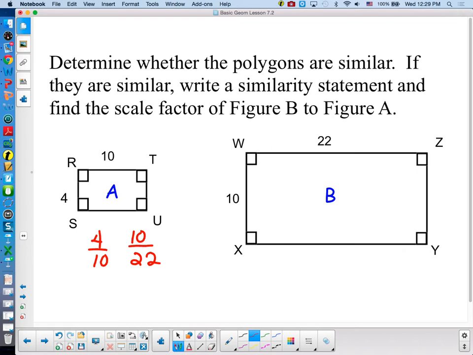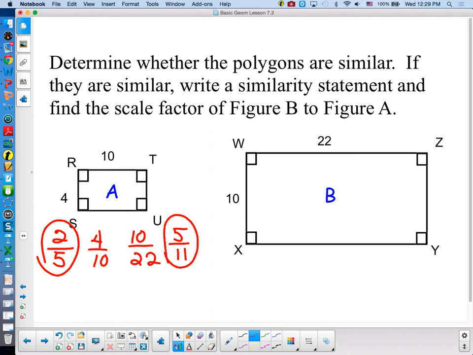Reduce 4 to 10. What can you divide by? Divide by 2. Dividing 4 by 2, dividing 10 by 2, that reduces to 2/5. Okay, how about 10 and 22? Can you reduce that? Divide by 2 again. 5/11.